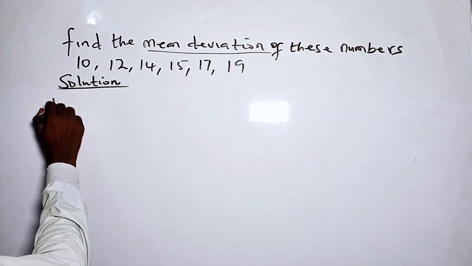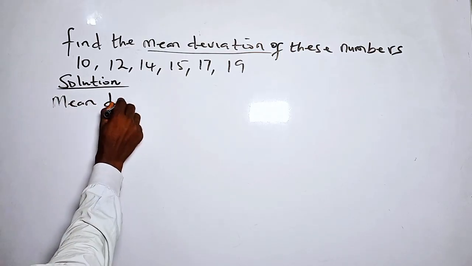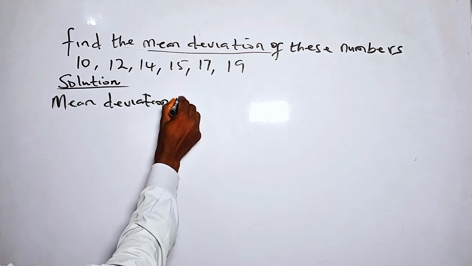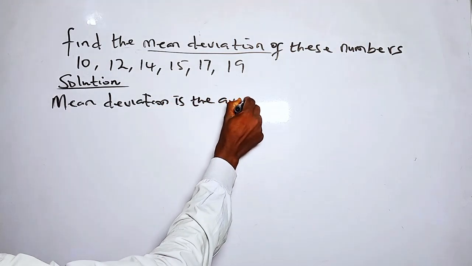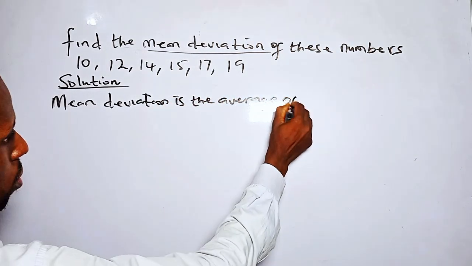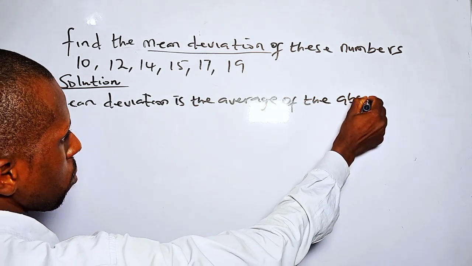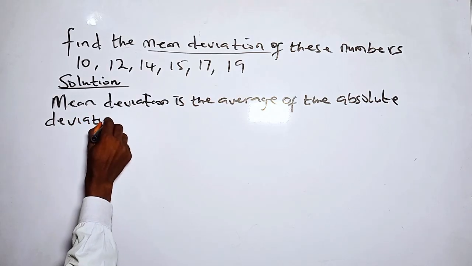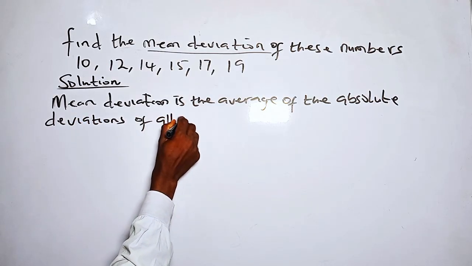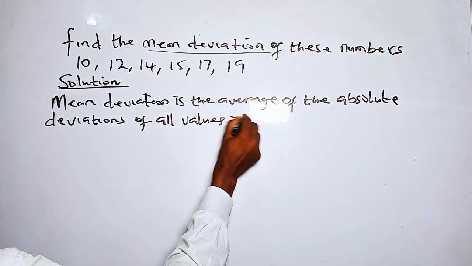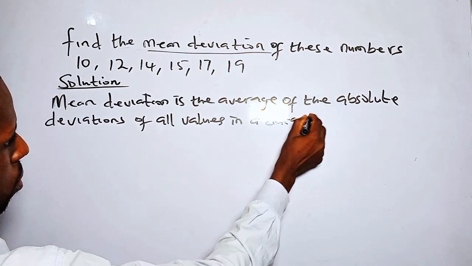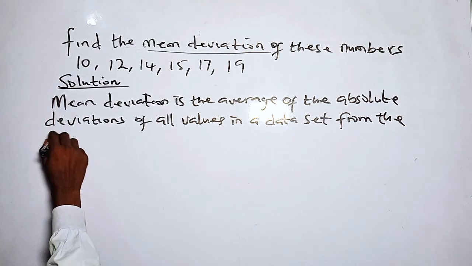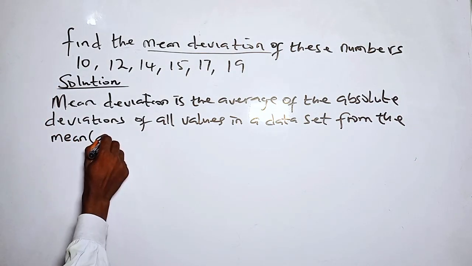Okay, so mean deviation is the average of the absolute deviations of all values in a data set from the mean, or we say average.